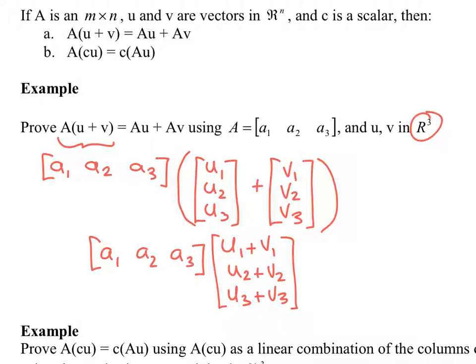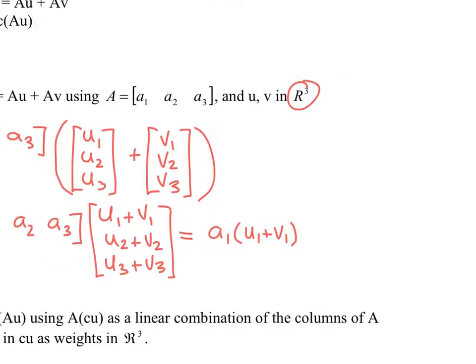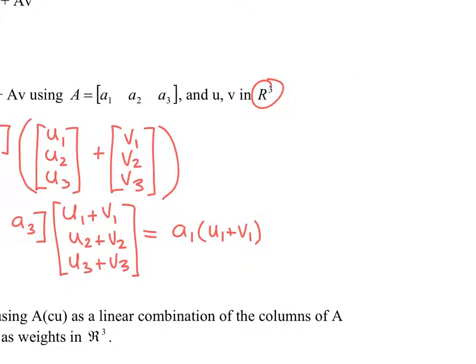So simplifying this is really just a matter of taking A1, multiplying it by U1 plus V1, plus, because this is a 1 by 3 and a 3 by 1, so the final result should be a 1 by 1.